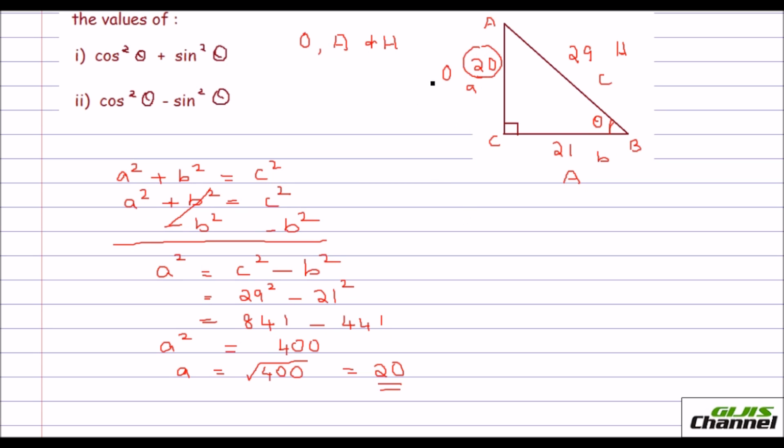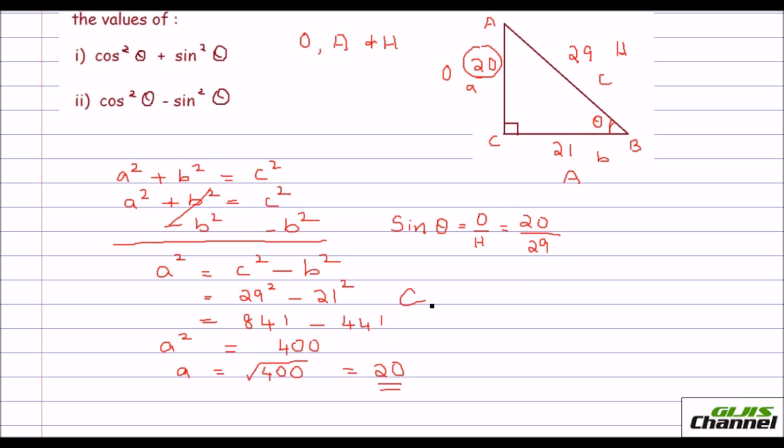Now, since we know all the three sides, you can write down all the trigonometric ratios, right? So my sine theta, here the theta is at B. Sine theta is equal to opposite by hypotenuse. The opposite side is 20 and the hypotenuse is 29.